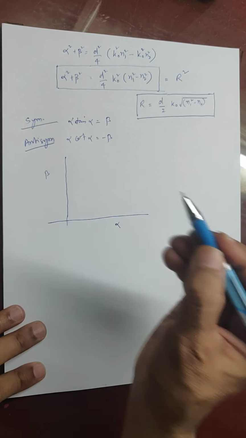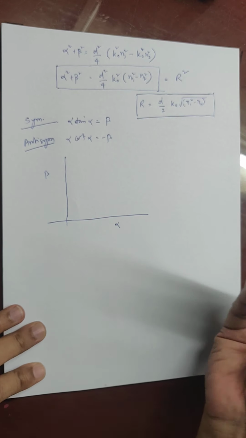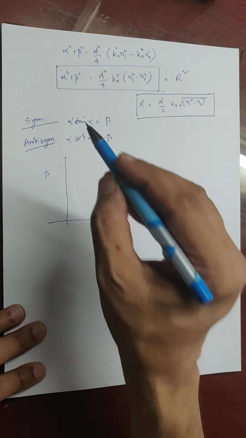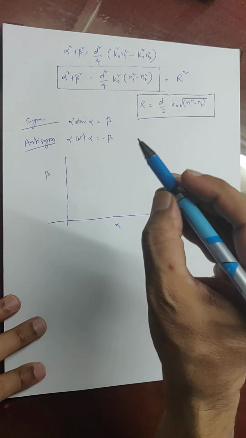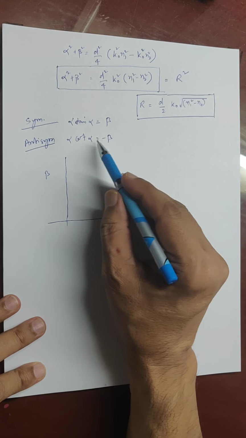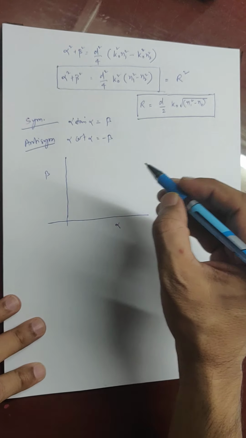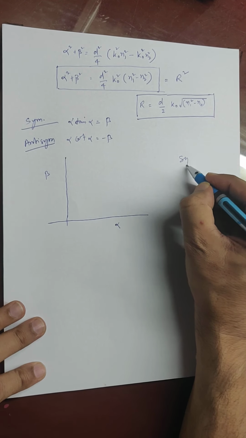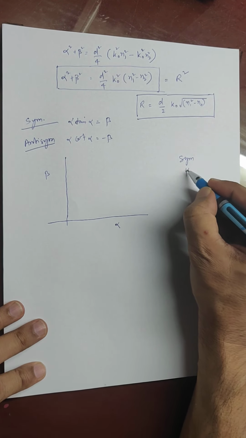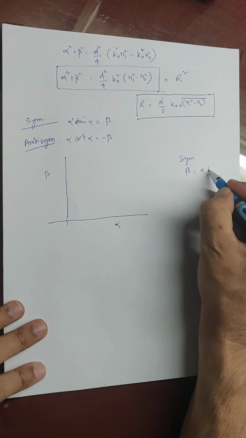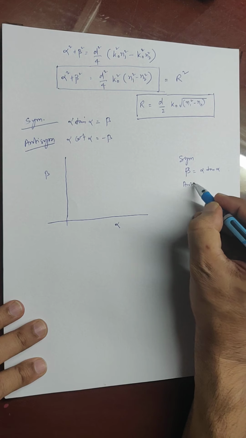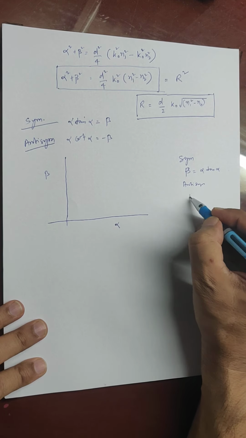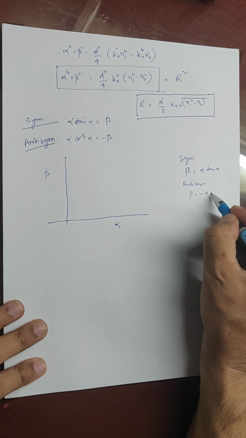So for symmetric, beta would be alpha tan alpha, and for antisymmetric, beta would be minus alpha cot alpha.